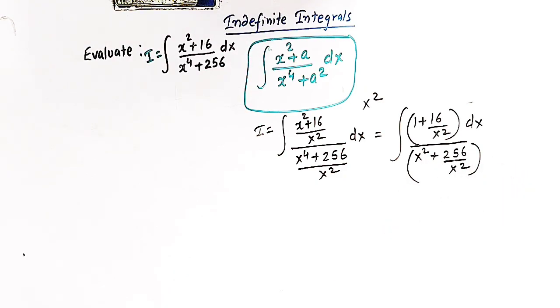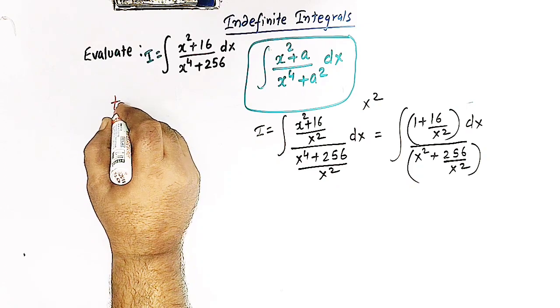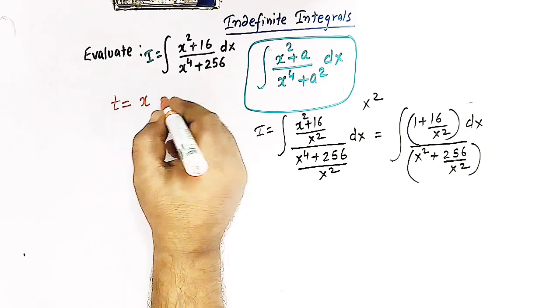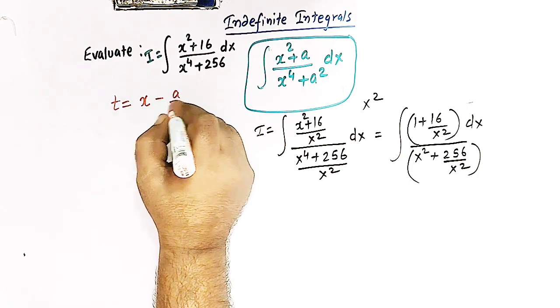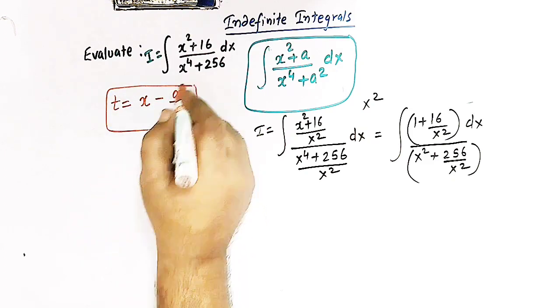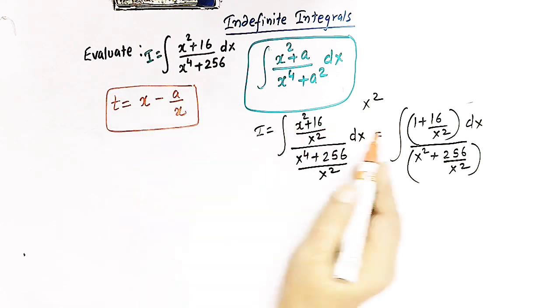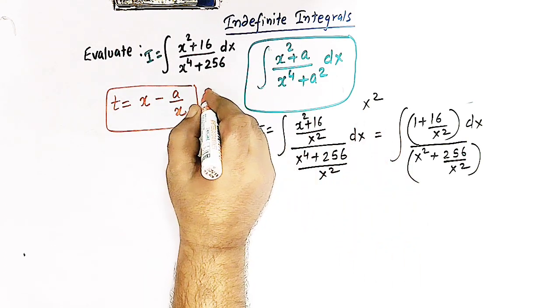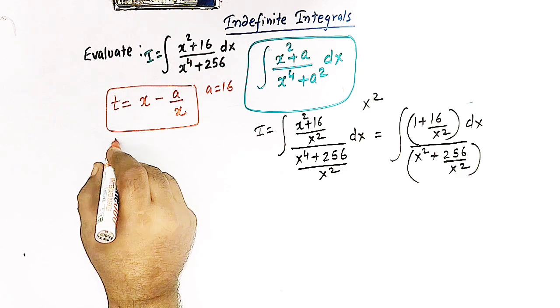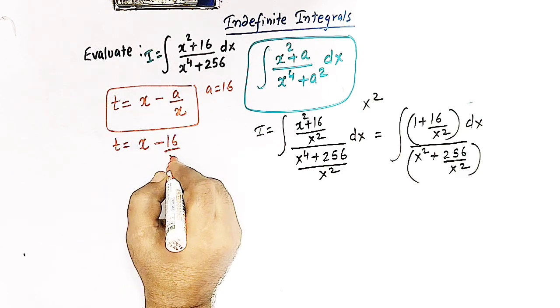Now the second step is to make use of the method of substitution, and here I will make this important substitution, that is t is equal to x minus a over x, right? So this is our substitution where t is a function of x, and here the value of a is 16, so we can now write t is equal to x minus 16 over x.